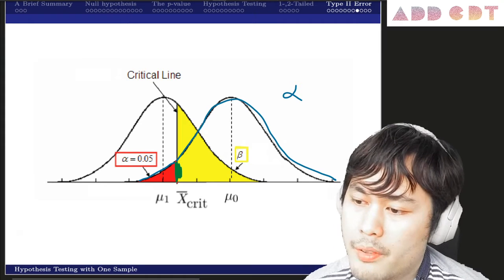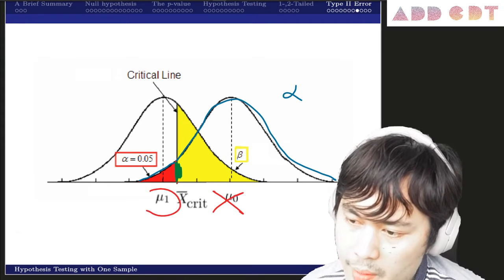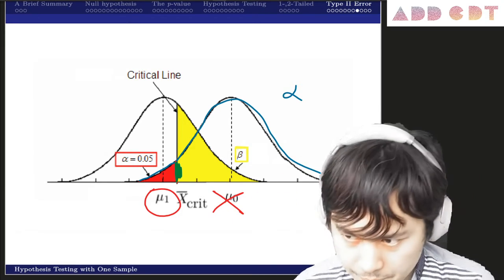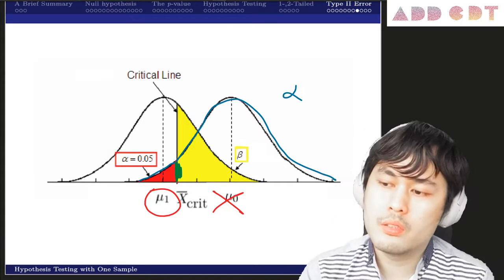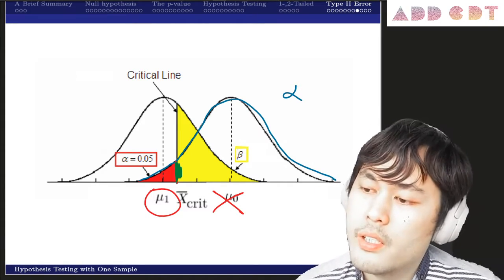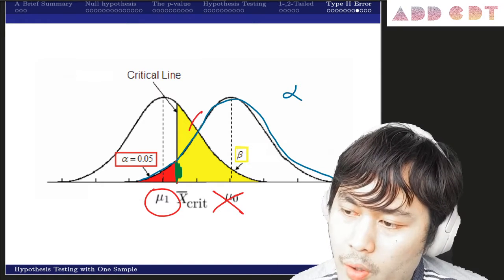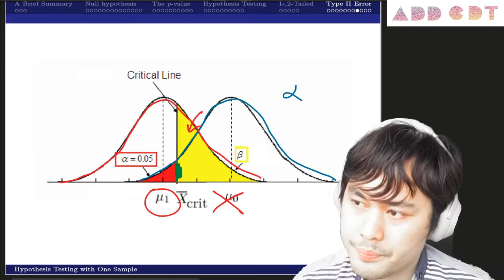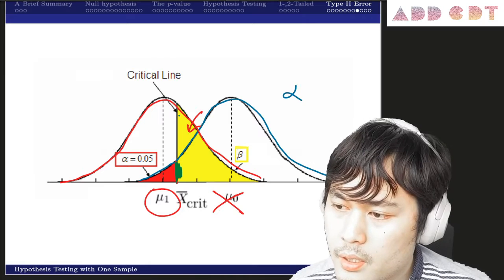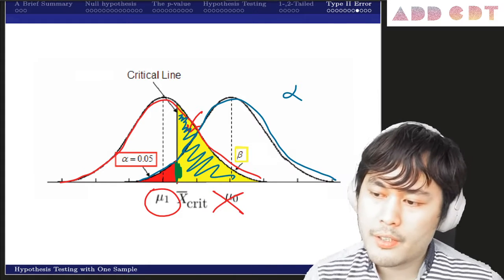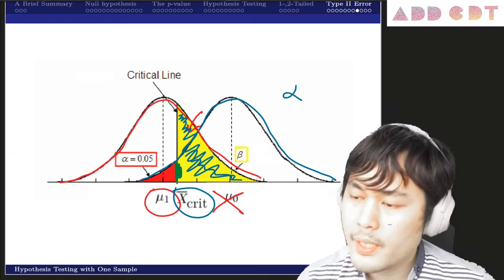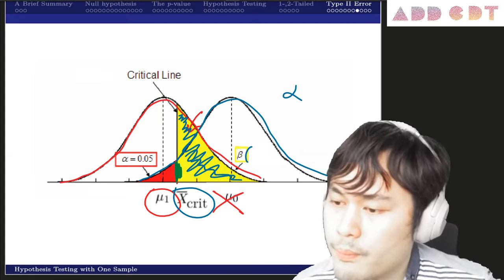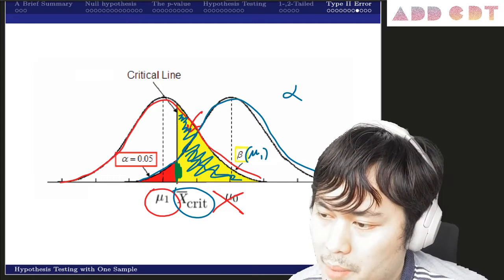Then, if we suppose that we are wrong, if the actual population mean is here instead, then the part when we are wrong and we accept the null hypothesis would be this yellow area. We are wrong, that means we have this curve instead. If we accept, it means the number is to the right of that critical value, and that area, that beta, is what we want.